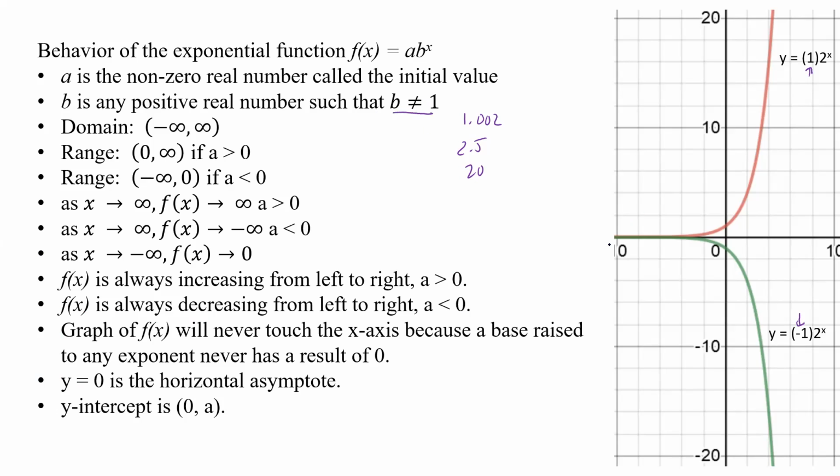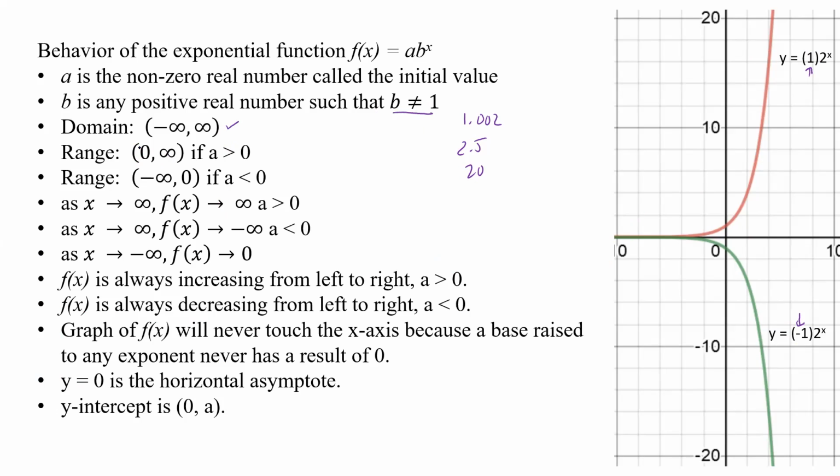Now, what's our domain? Well, if you notice, we're going way out here to negative infinity. We're going over here to positive infinity. So our domain is all real numbers. Now, depending on if we have a positive or a negative a, if it's positive, we're going to only have the positive numbers. So it's going to be from 0 to infinity.